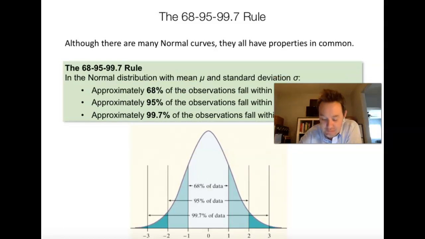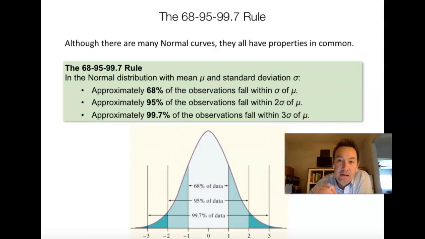All right, now we get the 68, 95, 99.7 rule. If there's one thing about mathematicians and statisticians, it's that their naming conventions are pretty direct. So 68, 95, 99.7 is the approximate proportion of data that falls within 1, 2, then 3 standard deviations respectively.